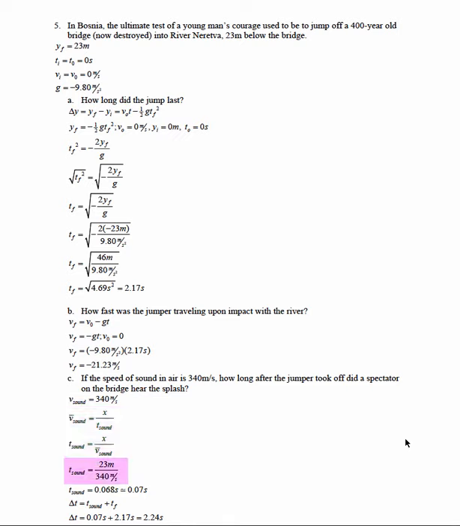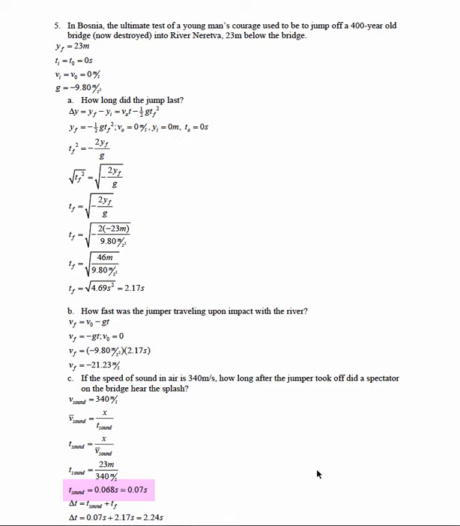So we know that the distance the diver traveled was 23 meters, and that the speed of sound in this case is 340 meters per second. So we want to find out the time it takes to move that 23 meters based on the speed of sound. So the time for that distance is 0.068 seconds, which is approximately 0.07 seconds.